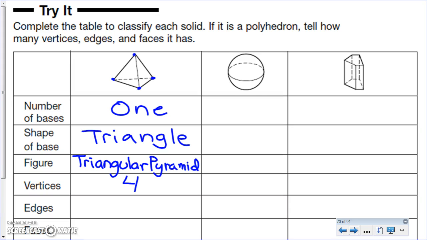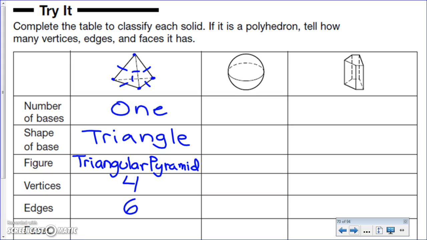Then it asks us to find the number of edges. And in this case, we have 6. And I'm going to mark them with a little dash across each edge. Okay, the dotted line is showing the edge of the back face on the bottom there.